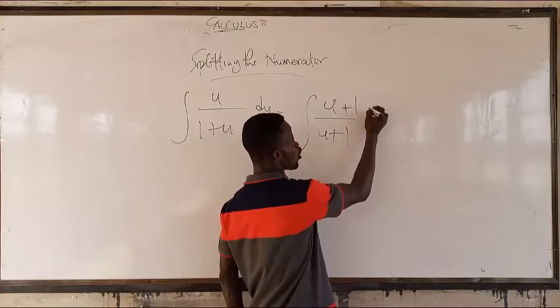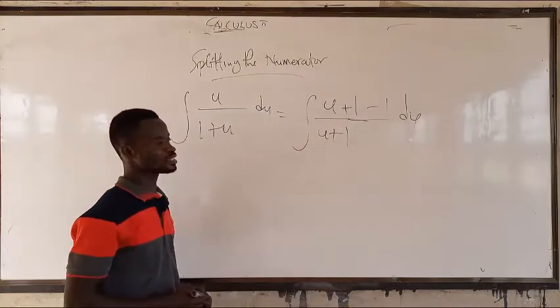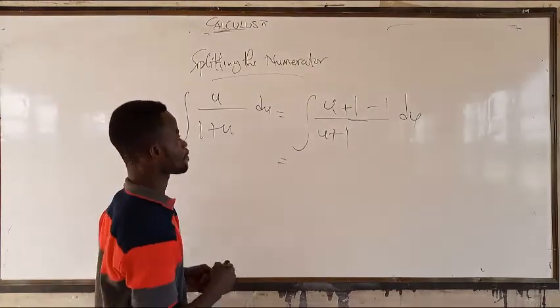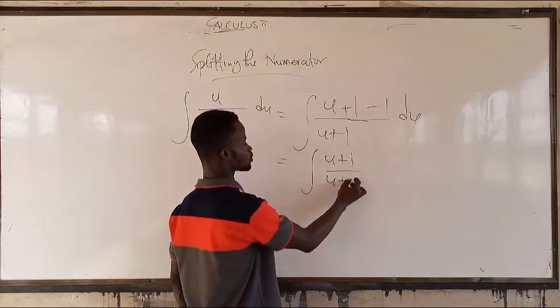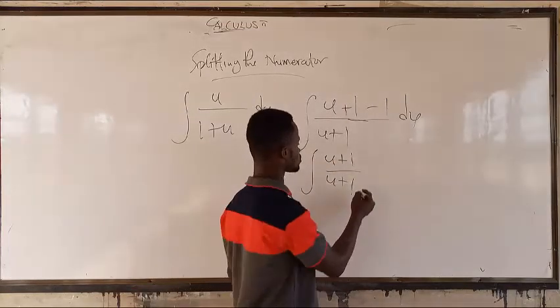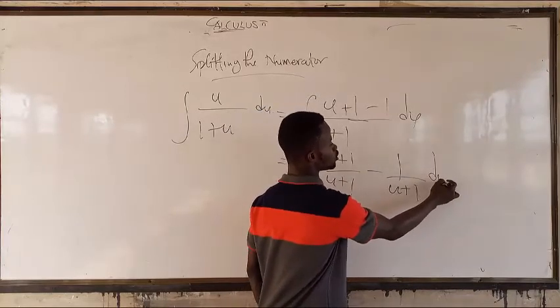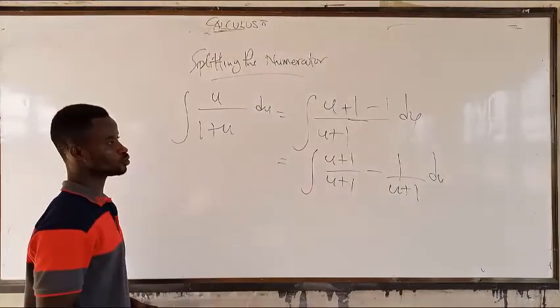But I have to undo it, du. I haven't done anything to it, it's still the same thing. I create, I destroy. So I will get u plus 1 over u plus 1, minus 1 over u plus 1. What we are doing is algebra, not calculus. In fact, you need algebra to undo calculus.